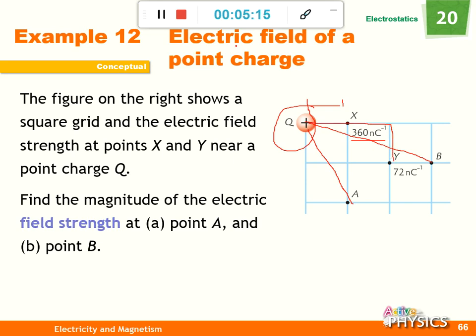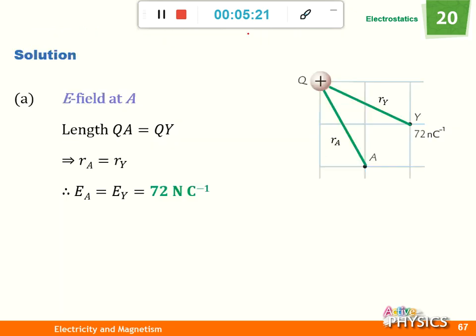Then this one should be 72. So based on it, you can find that the electric field strength at A should be the same as at Y, because they have the same distance from the charge Q. They will have the same electric field strength.